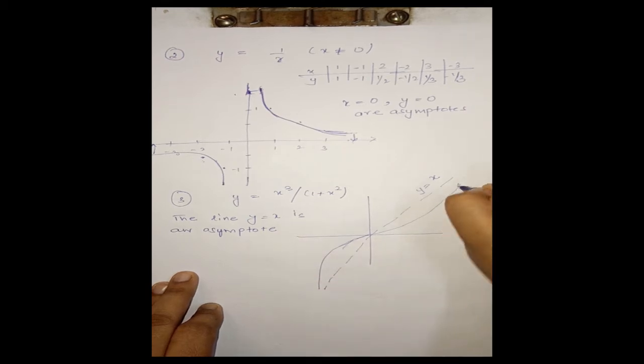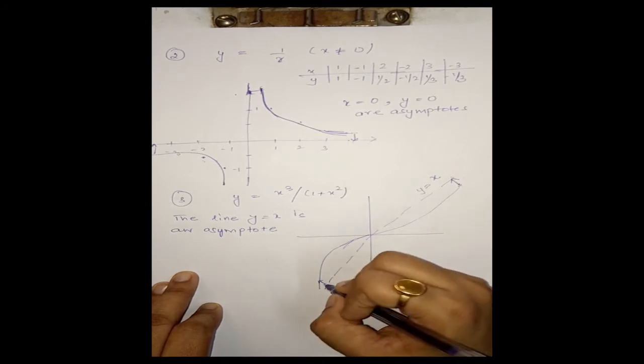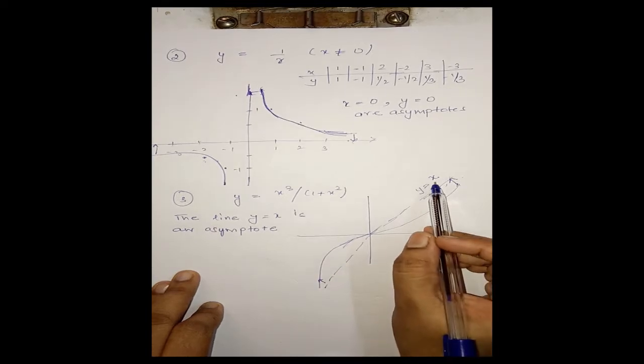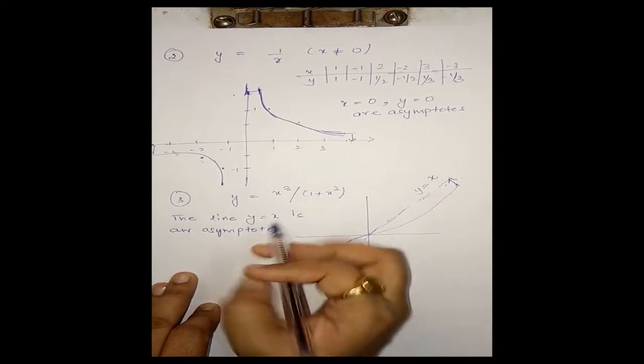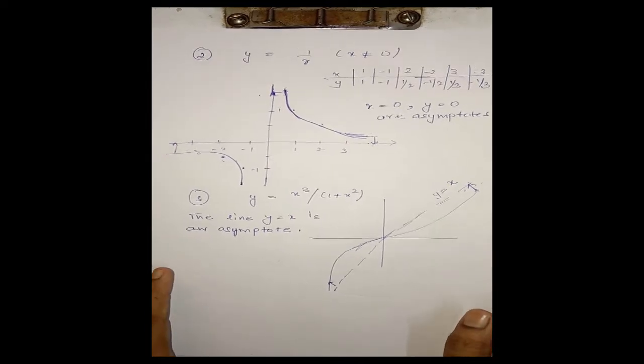As I take any point here, the distance tends to 0, and the same here. Therefore this line, y is equal to mx, here m is 1, y is equal to x, will be an asymptote. This is the definition of an asymptote.